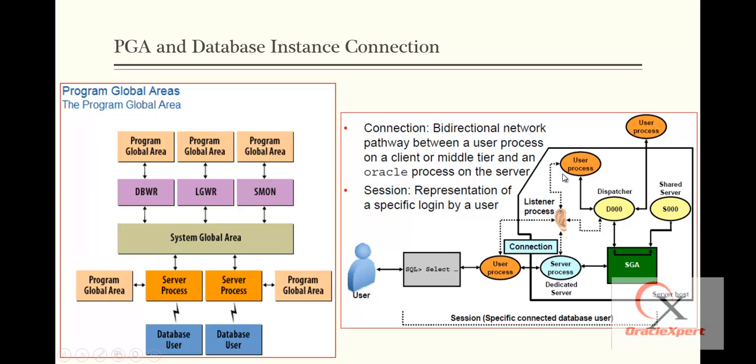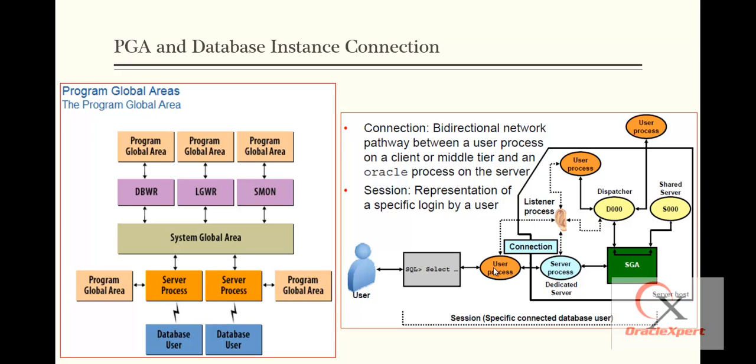The listener, depending upon the configuration of your instance, as I said in one of the slides, your instance could either be configured in a dedicated mode or in a shared server mode. So assuming that my Oracle database instance running on this machine is configured in a dedicated mode, the listener contacts the instance.